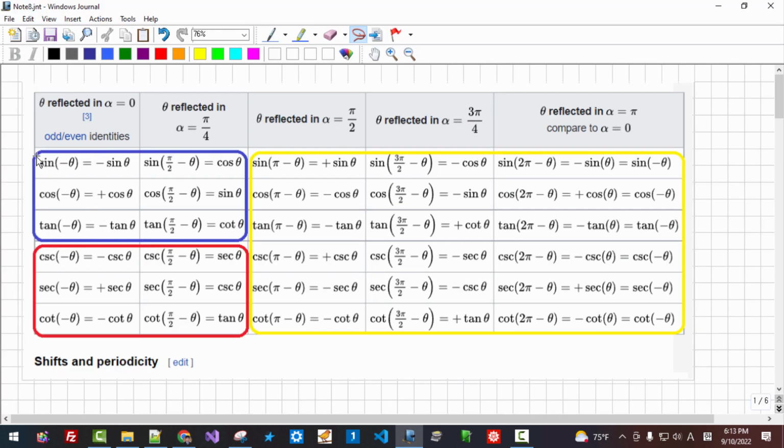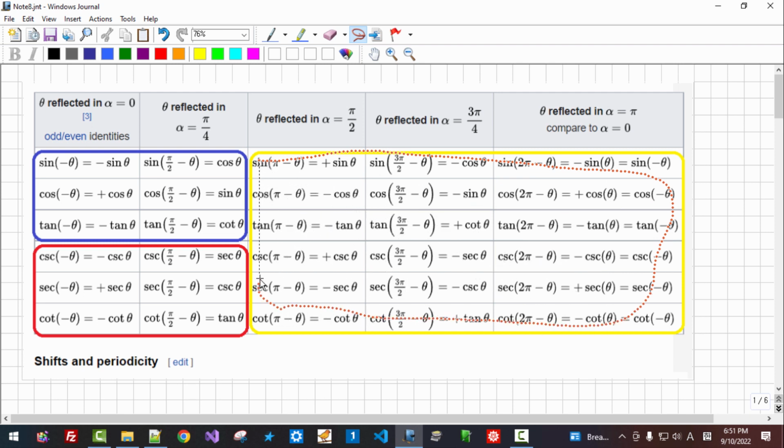As long as you remember identities in this blue box, you can get identities in the red box. We actually don't need to remember identities in this yellow box. Instead, we will learn how to infer or derive these identities quickly and correctly.